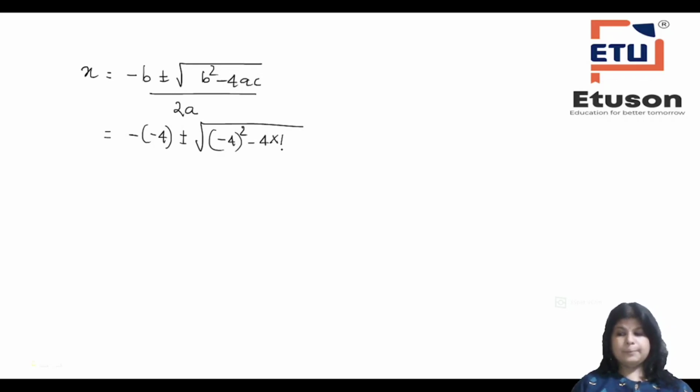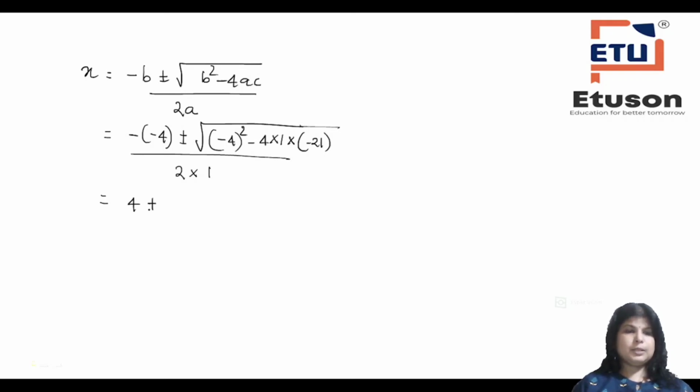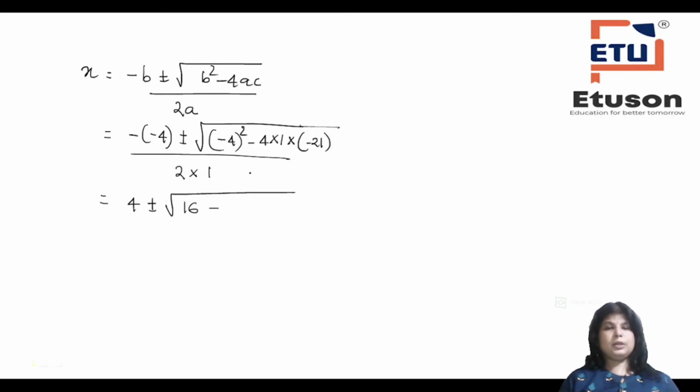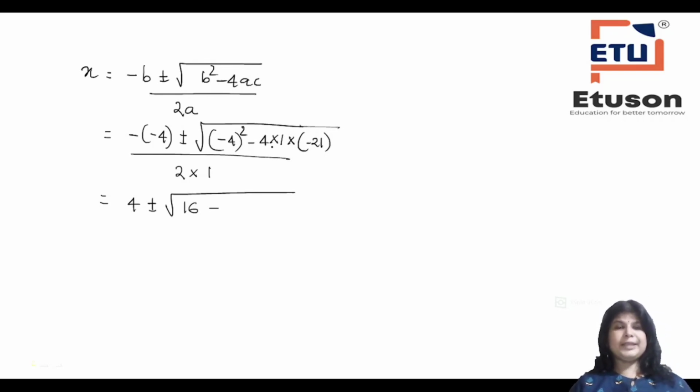It was 1. What was our c? It is minus 21, divided by 2 into a, which is 1. So it is 4 plus or minus square root of 16 minus 4 into 1 into minus 21. How much is the answer? 21 into 4 is 84, and because you have a minus sign, you will get plus 84 here.